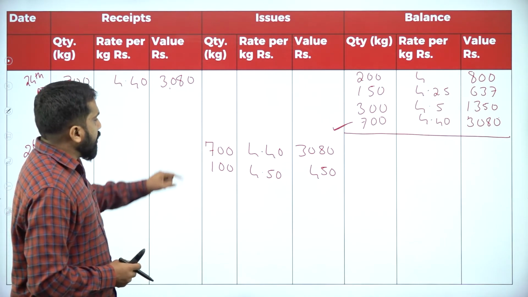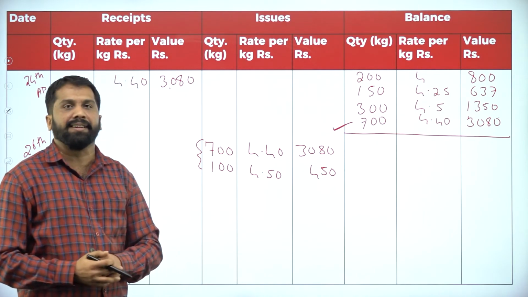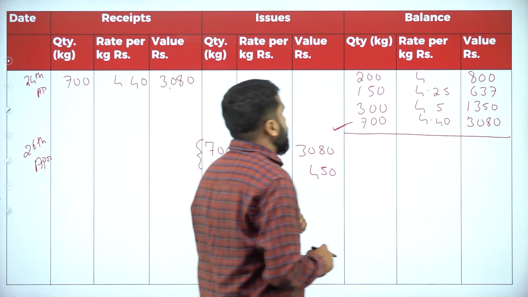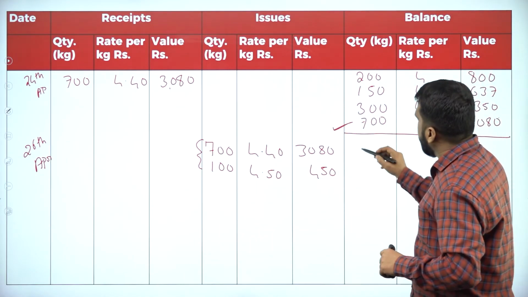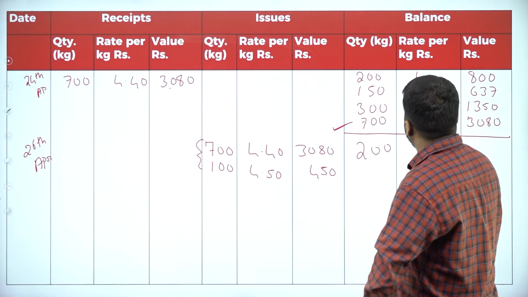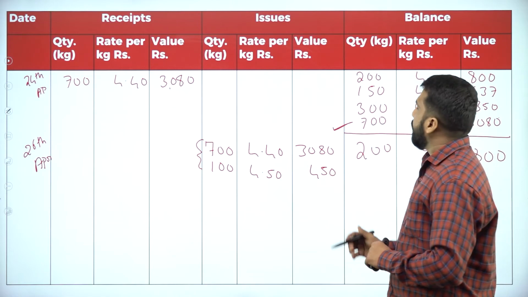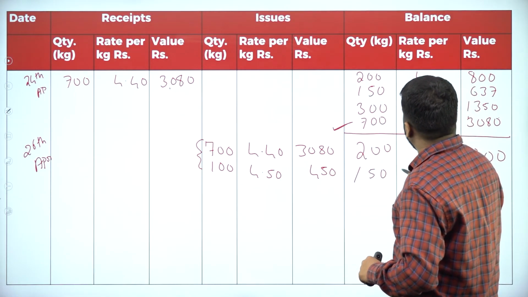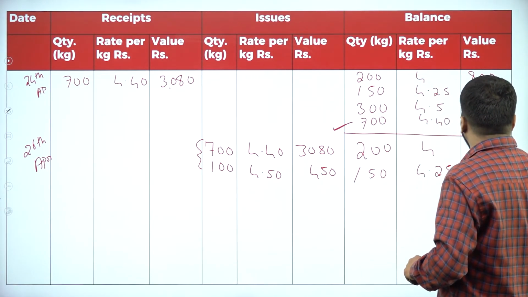No. So in total, we issued 800 units. Clear? Yes. Now, the first box we have not used, so write as it is, 200 into 4, 800. Copy, paste. Now, the second box you have not used either. 150, 4.25. It will be 637.